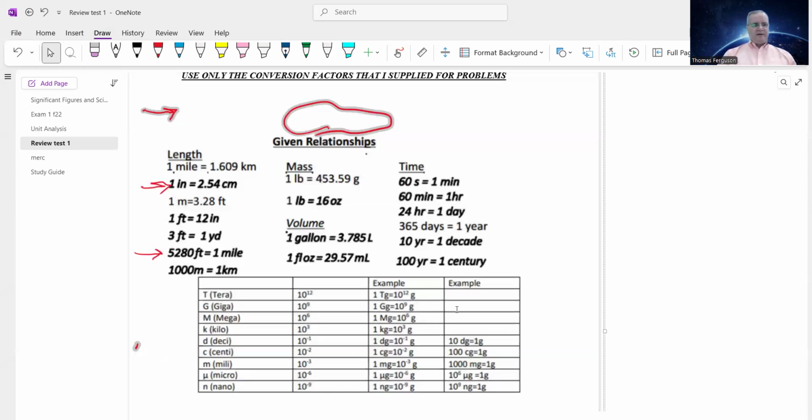Okay, one way would be kilometer to mile, mile to feet.